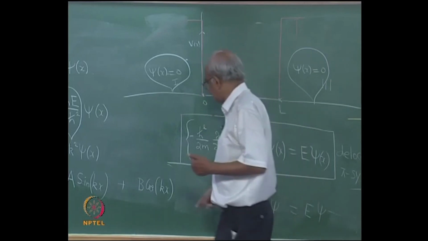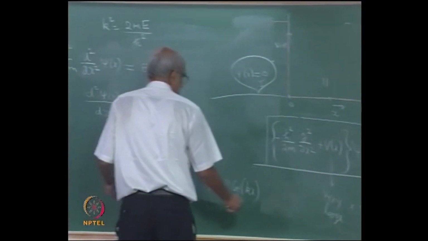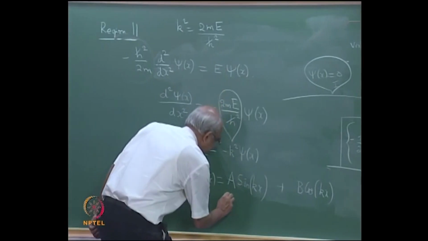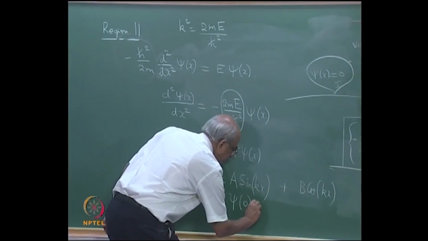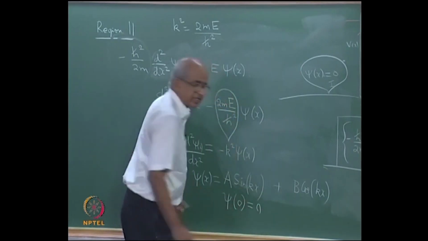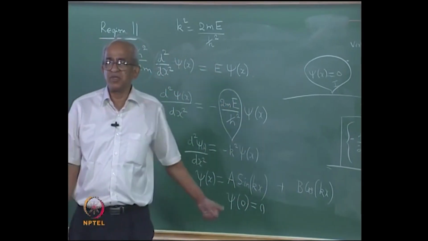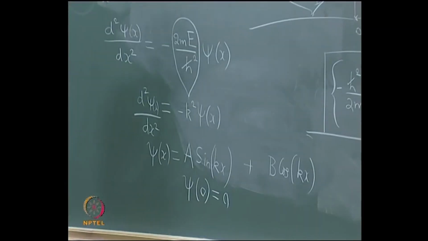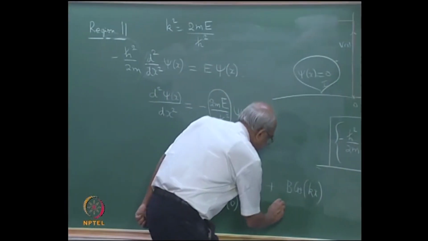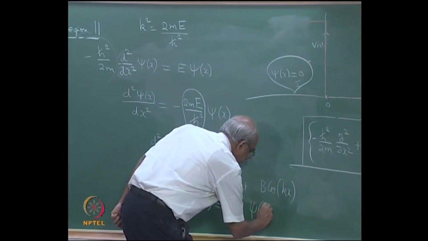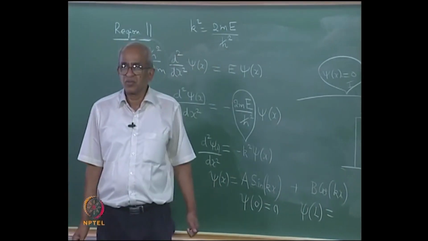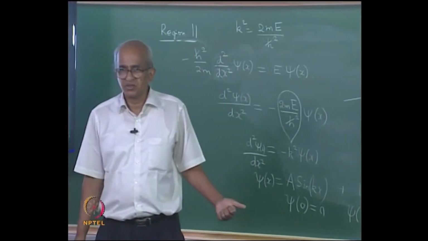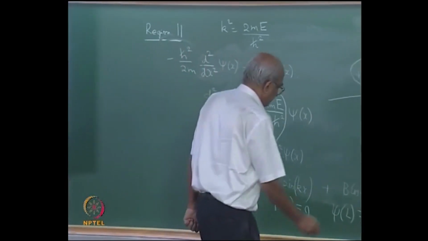So, this function that I have found has to satisfy the condition that at x equal to 0, it should be equal to 0. And not only that, when x is equal to L, what should be its value? It again should be 0. So, you have two conditions.